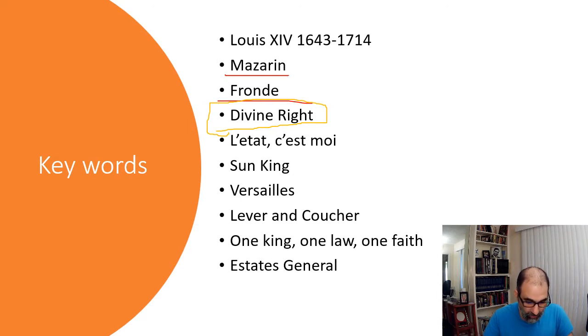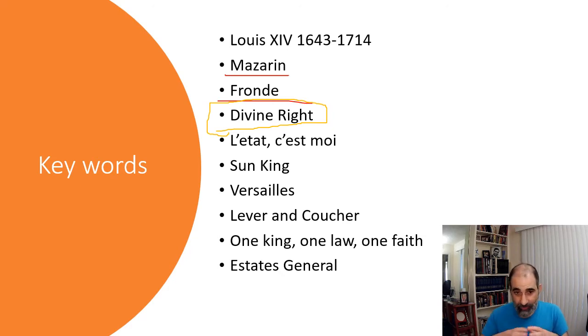I request and order you to seal no orders except by my command. I order you not to sign anything, not even a passport, without my command, to render account to me personally each day and to favor no one. So you get the sense, whether he's saying "L'état c'est moi" or giving these speeches, that he's the one in charge. That's what I mean by an example of absolutism.